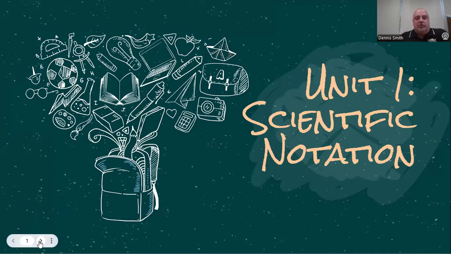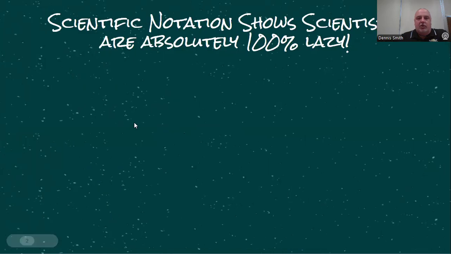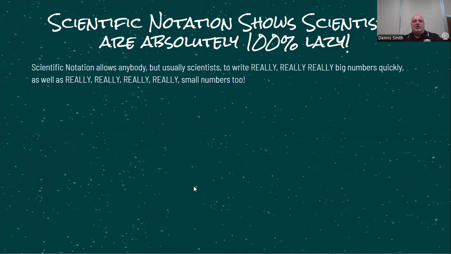All right, so let's start today's stuff. Scientific notation, I like to say, is all about scientists being absolutely 100% lazy, but not really. They're working smarter and not harder. Scientific notation allows anybody, but usually scientists, to write really, really big numbers quickly, as well as really, really small numbers quickly.